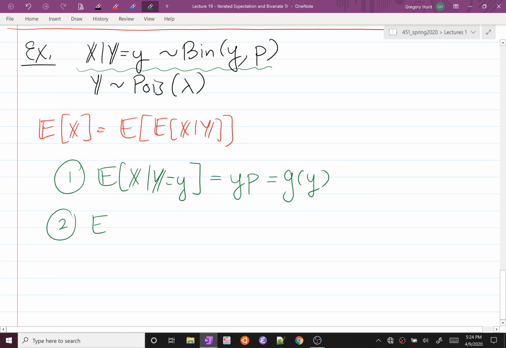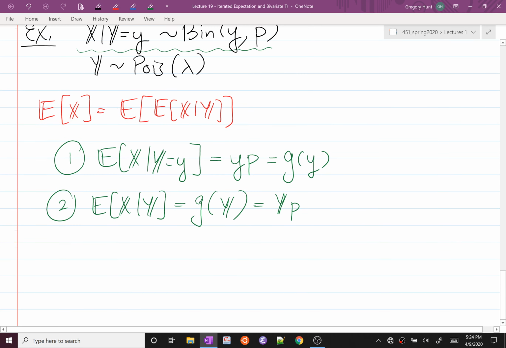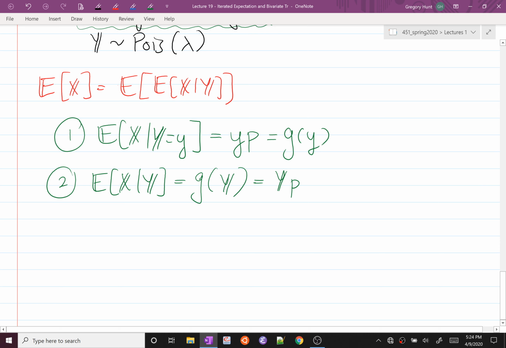So the expected value of x given y is g of y, which you could write as y times p. It's a reasonable way to write that. So it's just a rescaling in this case. The conditional expectation of x given y is just a rescaling of y.